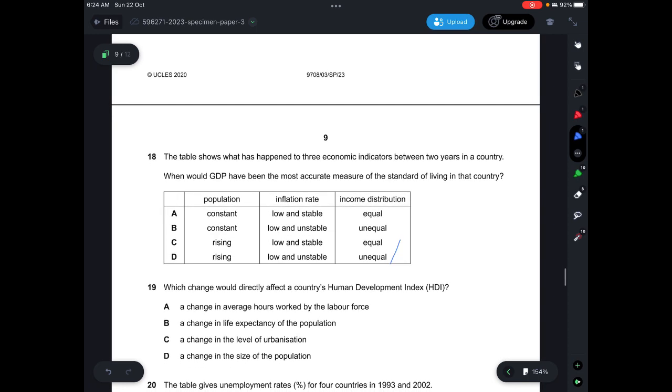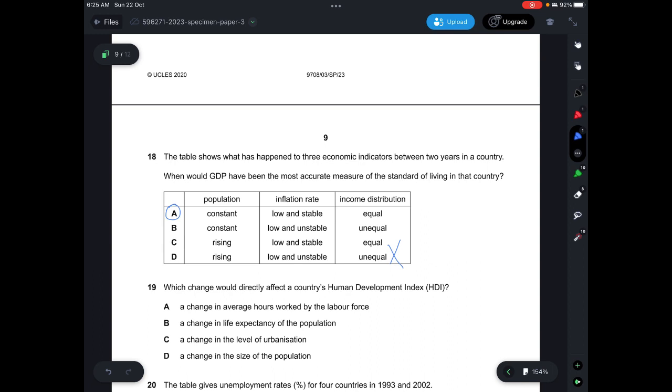And then your inflation rate must be low and stable, because if it's unstable and it fluctuates, it is very difficult to indicate GDP, because here we also don't know if this is nominal GDP or real GDP, alright? But of course, in most cases, your inflation rate should be low and stable, and your income distribution must be equal. Therefore, the answer is A. Because if your income distribution is equal, this means that people who are much poorer will be able to enjoy higher welfare payments, and people who are much richer would have to pay a higher amount of tax.